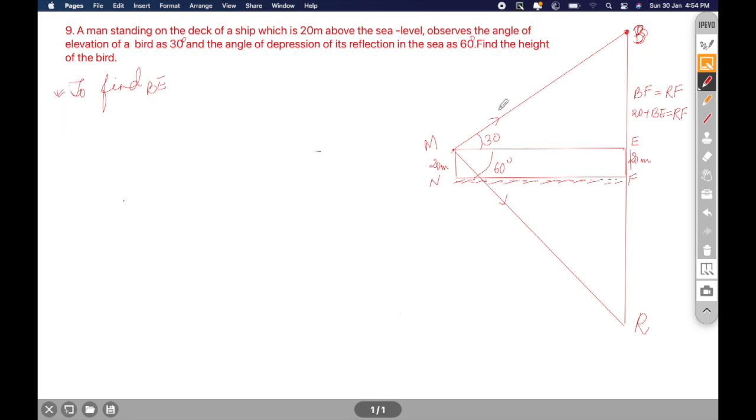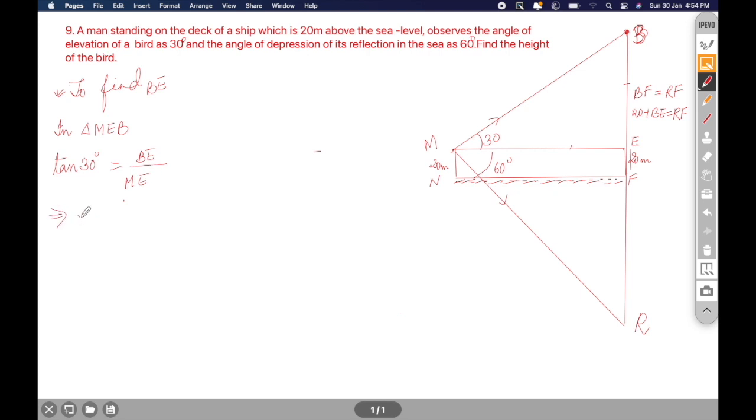Now here in the diagram you can see two right angle triangles. The first right angle triangle is triangle MEB. In triangle MEB, tan 30 degrees equals perpendicular by base, so BE by ME.